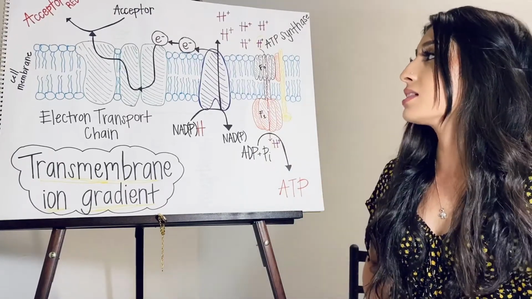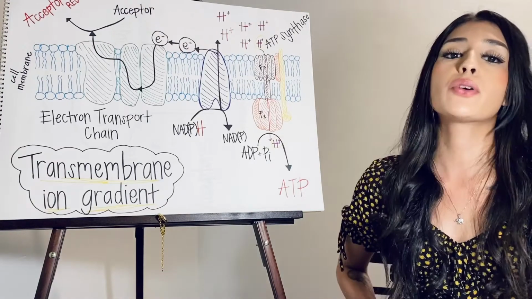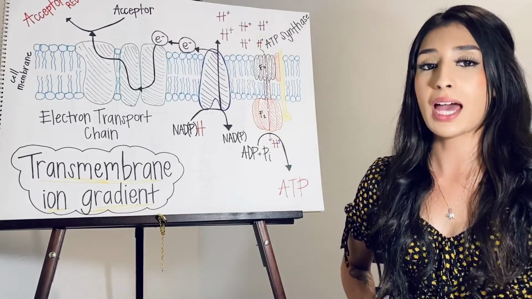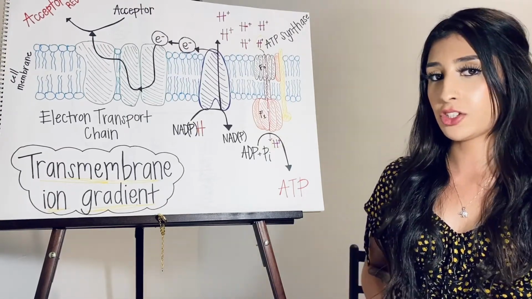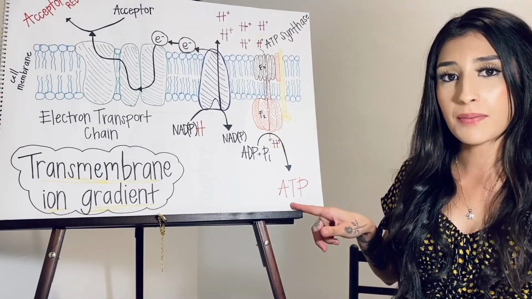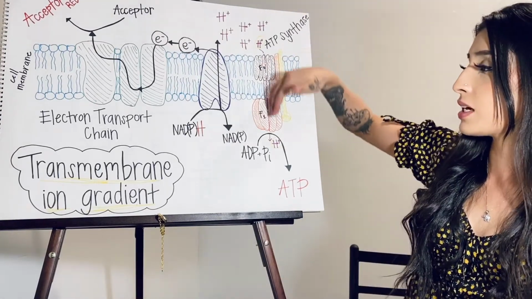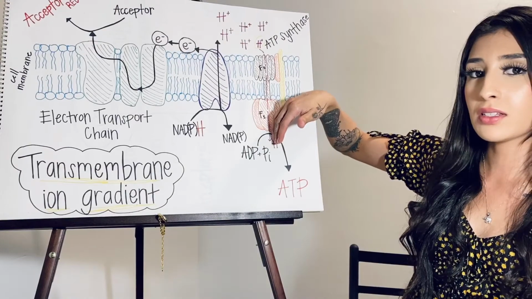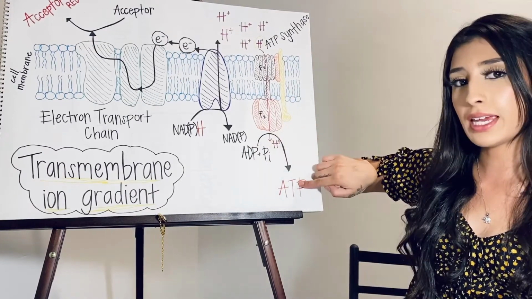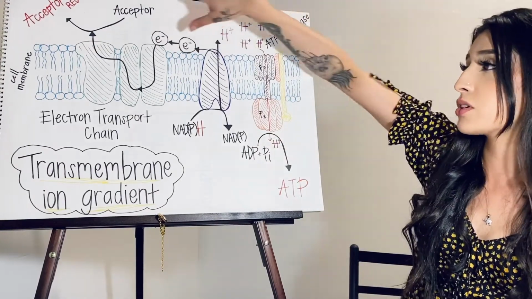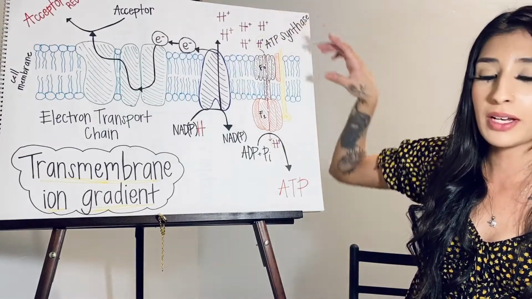So it can be said that the flow of protons is what catalyzes the phosphorylation of ATP. An influx of protons causes ATP. These protons are located outside the cell membrane.